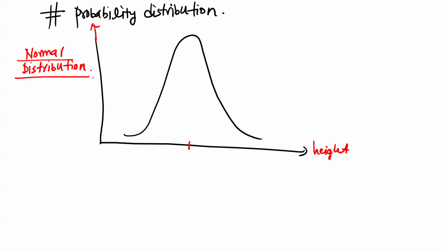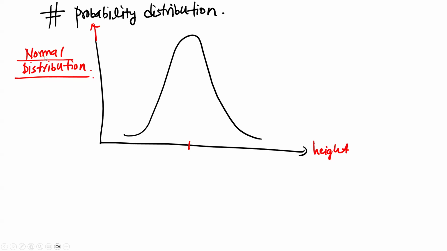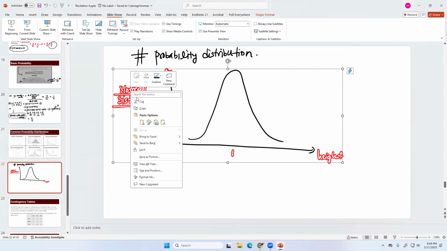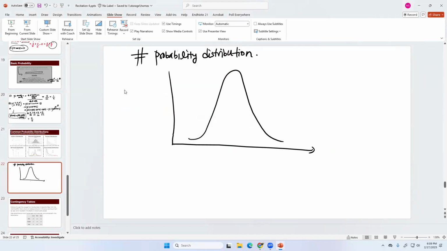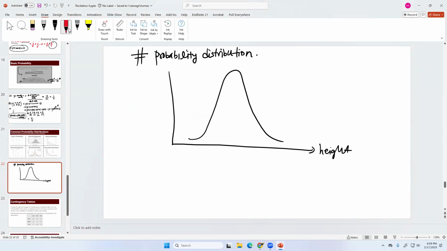But the question is, what do you understand when you see a plot like this? You can think of the height as the probability.